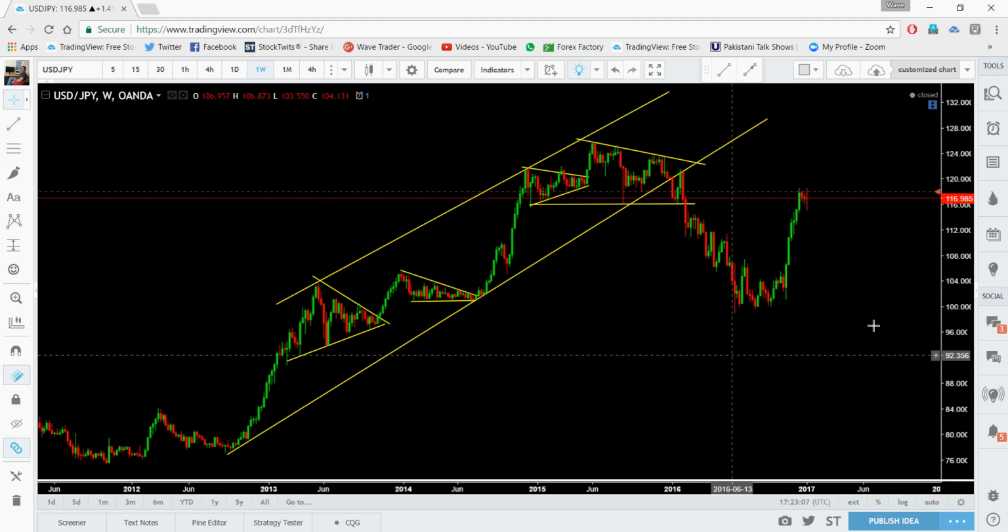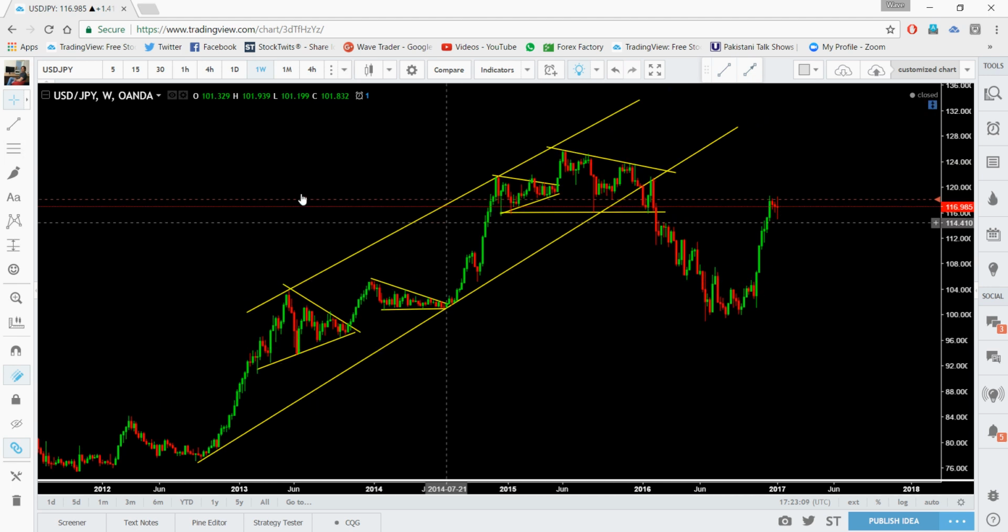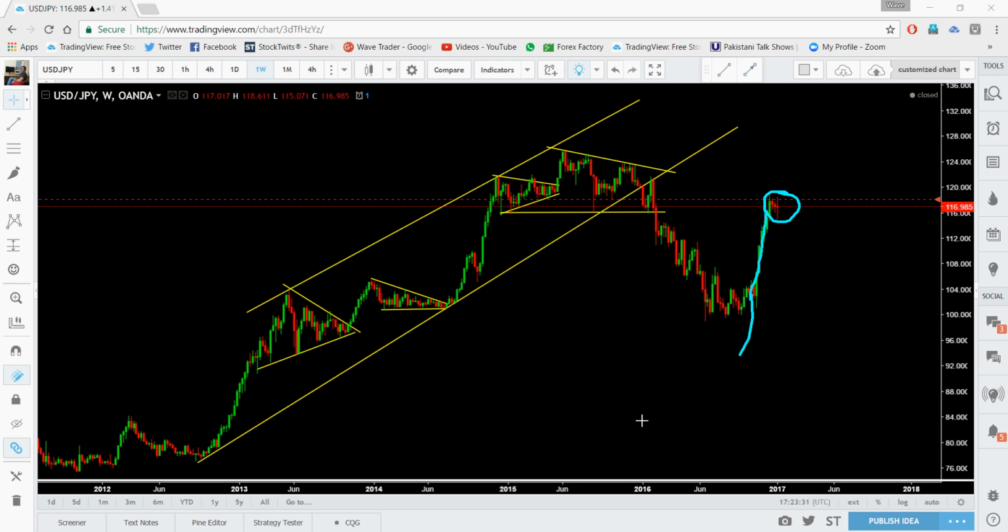So for continuation to the upside, at this point you need to wait for the pattern. What kind of pattern is going to form here at this place? You can see a strong impulse was there.